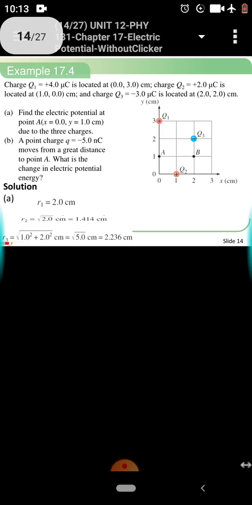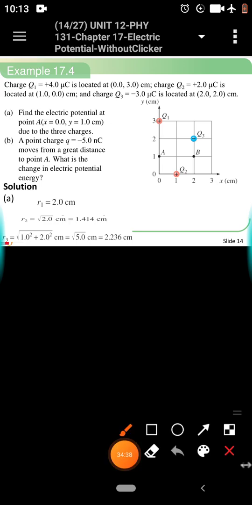So in this example, this is our point A. Now to calculate the distances, it will be this distance, this distance, and this distance. The distance due to q1 is called r1, the distance due to q2 is called r2, and the distance due to q3 is called r3.